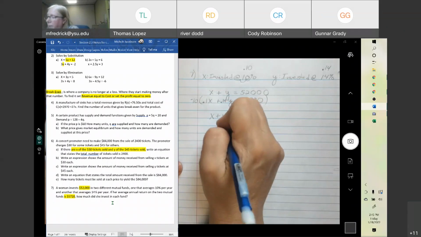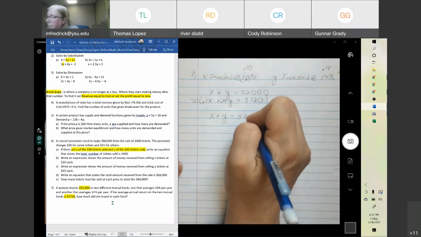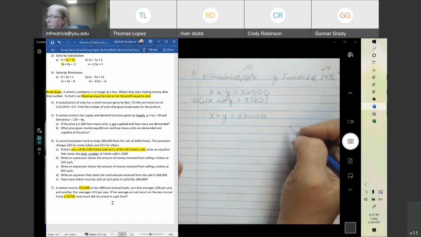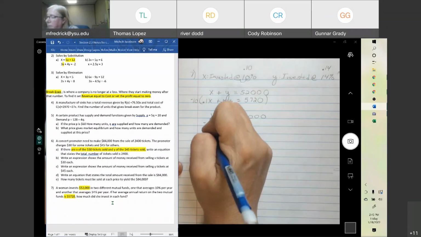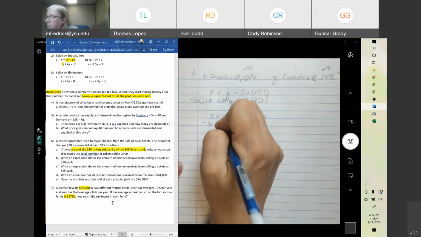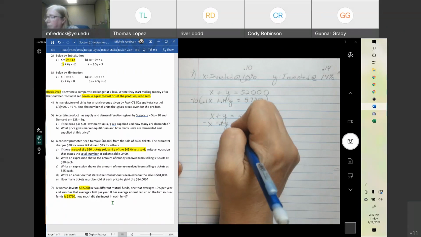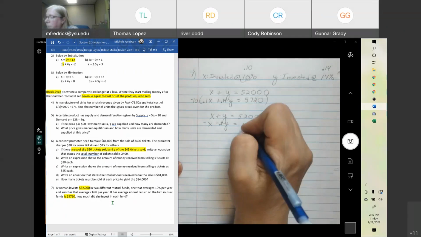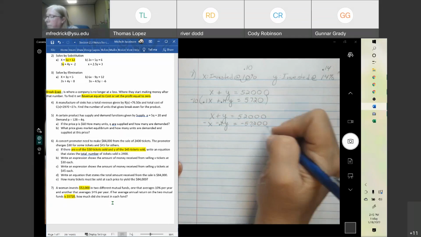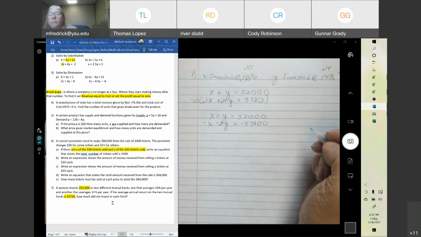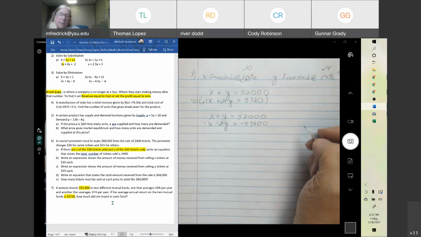X plus Y equals 52,000. Multiplying by a negative 10, we have a negative X minus 1.4Y equals negative 57,200.